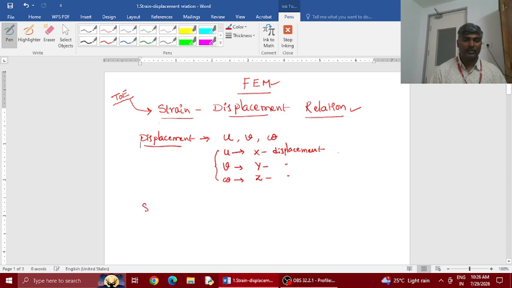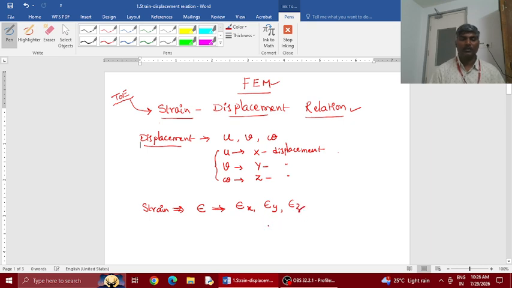Coming to the strain, you have studied the content strain in strength of materials, where we have represented the strain with epsilon. This also has got components. You know the strain components are like epsilon x, y, z.